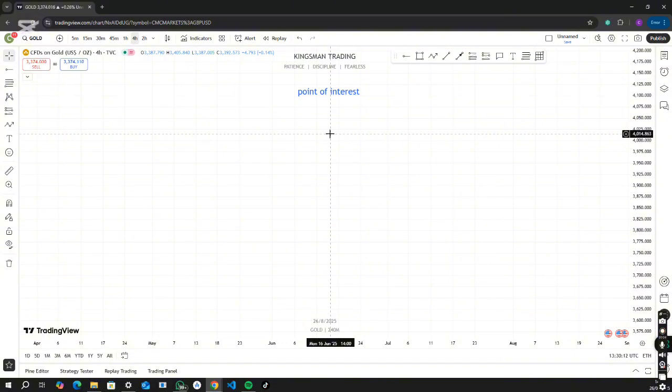Now, your point of interest can be in the form of an FVG, order block, breaker block, reclaim block, mitigation block, algo wick scandal. There are lots you can actually consider your point of interest.